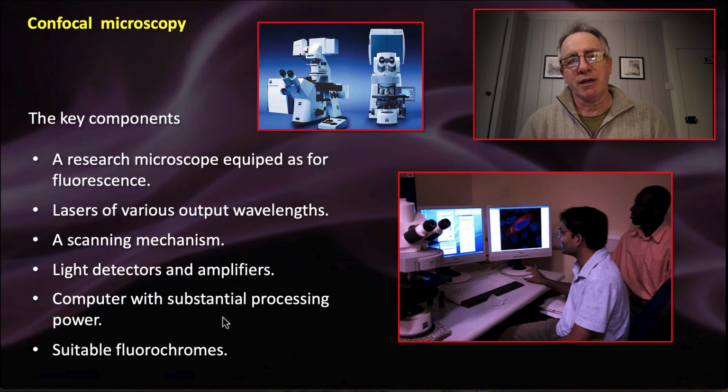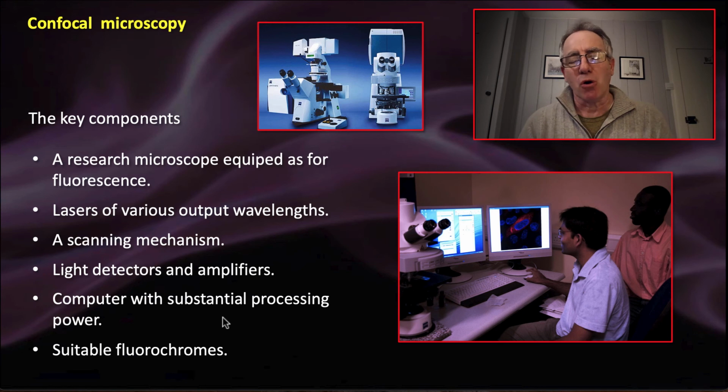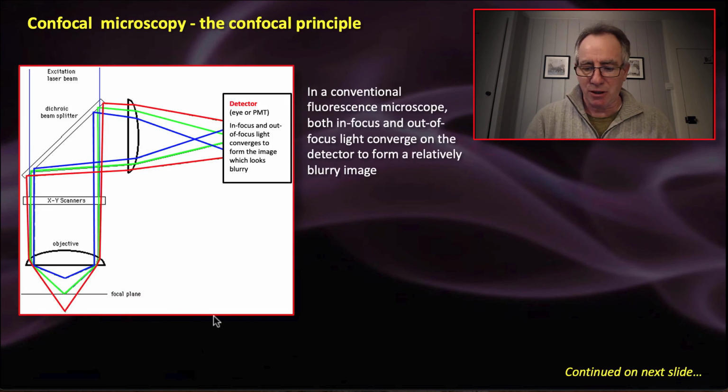They would get 30 or 40 images stored in their memory, and then they would start to slow down, and eventually the computer would crash. It was horrible. Computer processing power has increased exponentially since then. The confocal microscopes that we have nowadays can record 500 to 1,000 images in their memory, maybe more, while you're doing other things on them, while you're analyzing other data sets. It's just incredible what the computers can do these days.